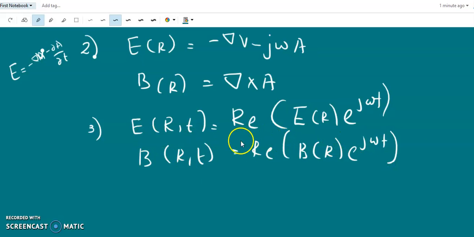These are the instantaneous expressions for electric and magnetic fields. So this is how we find the instantaneous fields. If you are using a sine reference, we have to take the imaginary part instead.